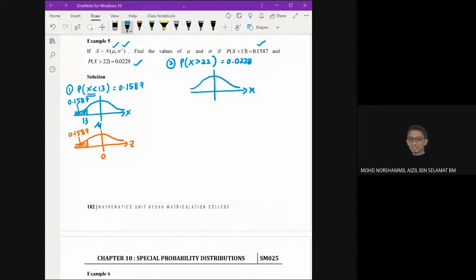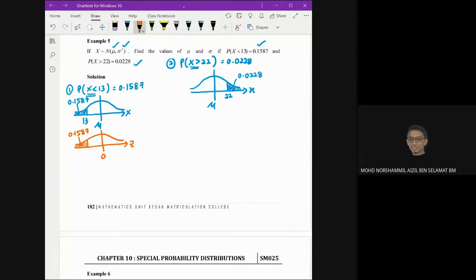Okay. So 22 will be on right hand side kan? Okay tak? Okay, sir. So X greater than, so this region, this probability will be 0.0228.